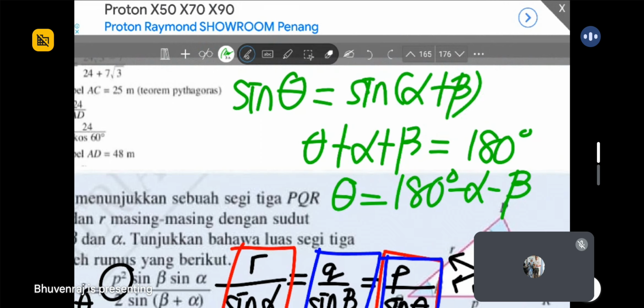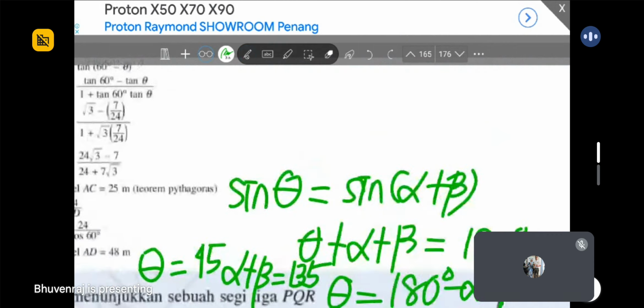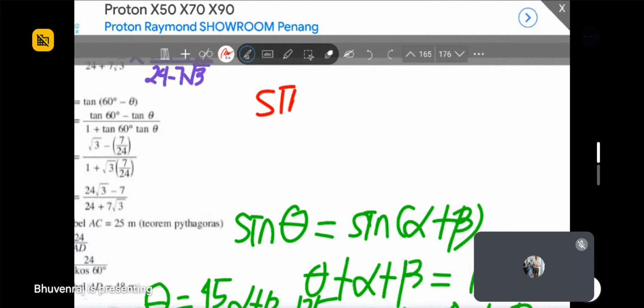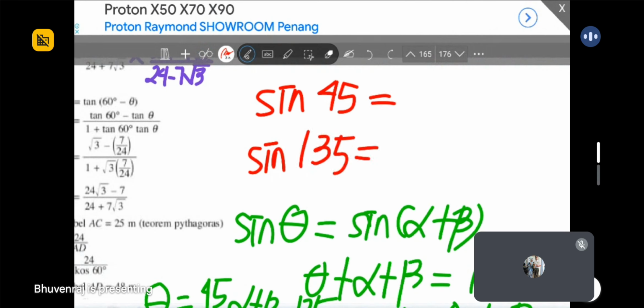Do you agree? Maybe theta can be 45. Alpha plus beta can be 135. So guys, try to press your calculator. Tekan calculator. Sine 45 and sine 135. Check and see. Are the values the same or not? Adakah nilai sama? Okay, let's try.